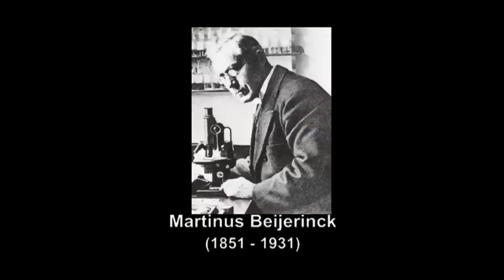Later on, another scientist, well known as the father of virology, Beijerinck, who worked independently, could establish that this agent, which was smaller than bacteria and could not be filtered through the membranes, is a virus.